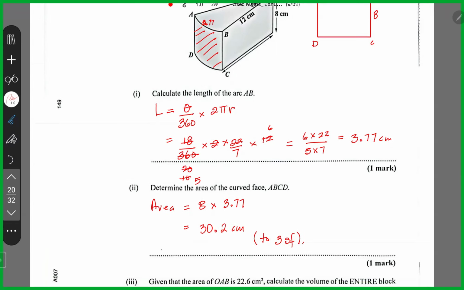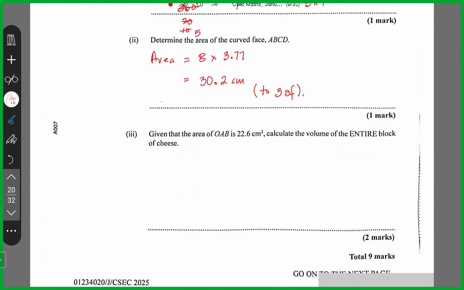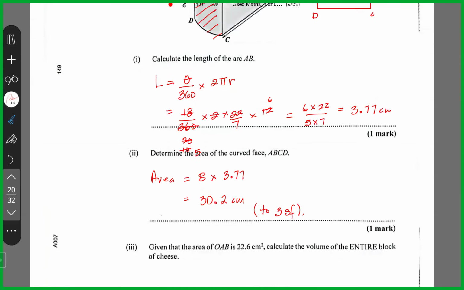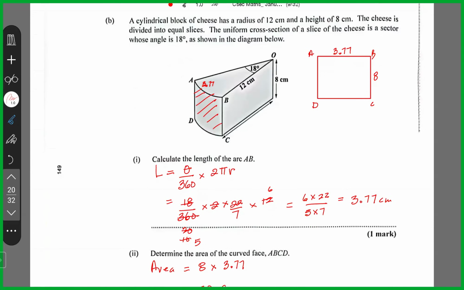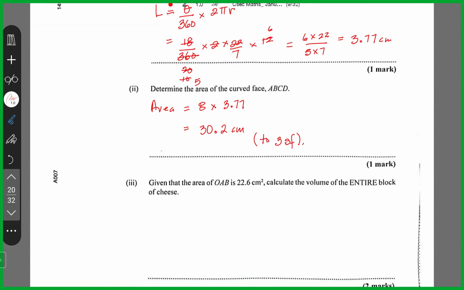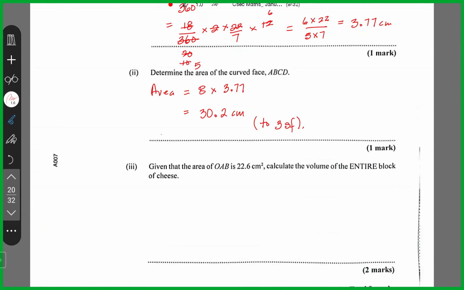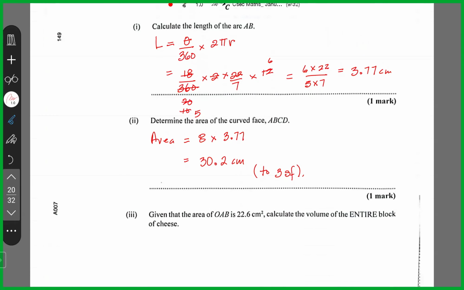Next, we're told, given that the area of AOB, so that's that sector at the top, is 22.6 centimeters square. We're to calculate the volume of the entire block. So how many of these slices are in a block?